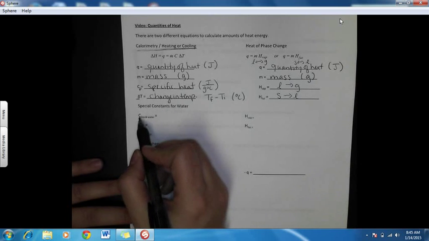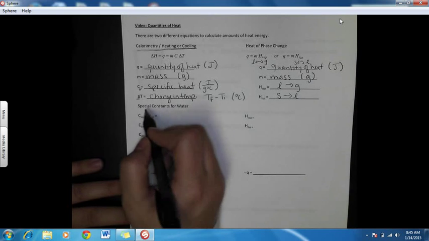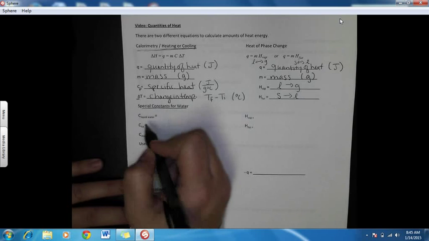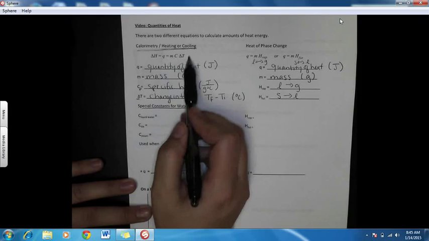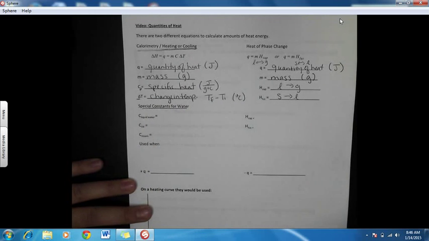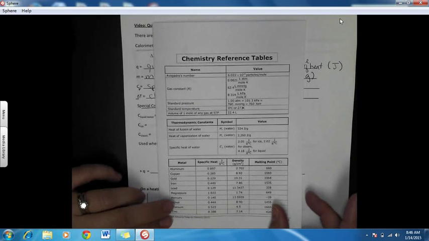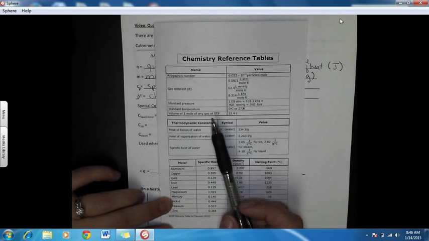So C for liquid water, these are our special constants we need to know for water. Specific heat of water, ice, and steam we will need in order to do problems using Q equals mc delta T. These you can find on your reference tables that I gave to you on the first day. Right?